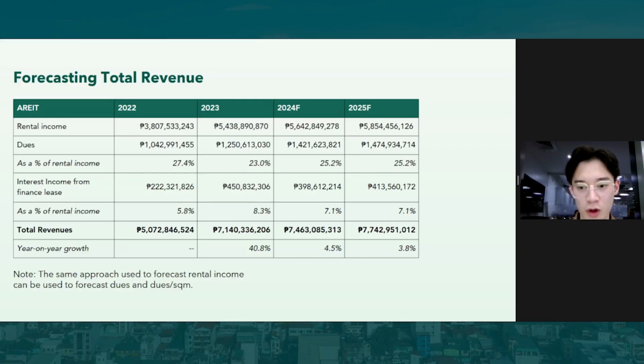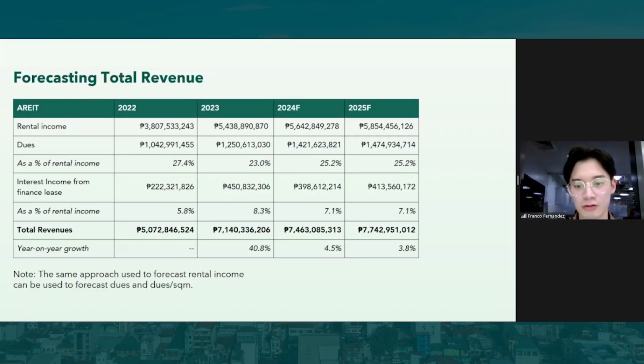For example, 1.25 billion divided by 5.44 billion would give you 23%. Then I got the average of the percentages of 24.4%, 27.4%, and 23%, and that would give you an average of 25.2%.